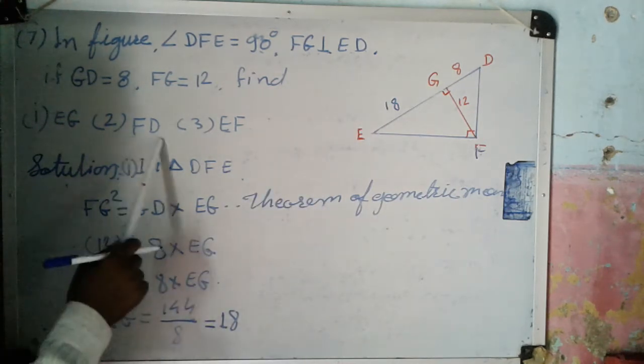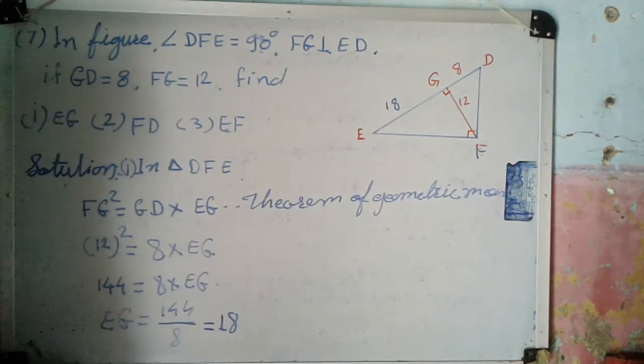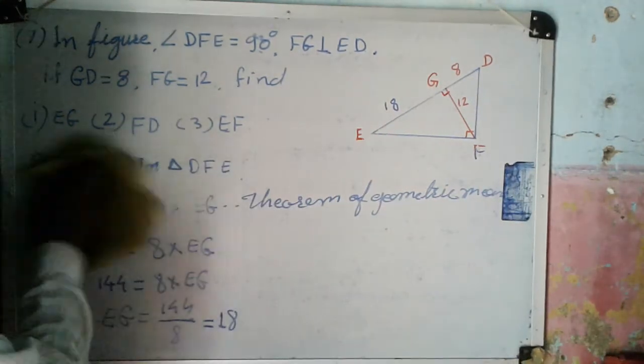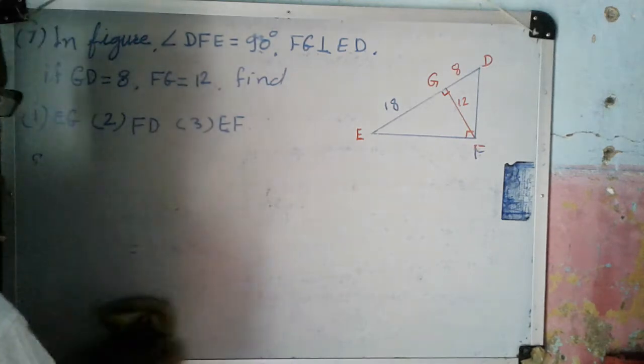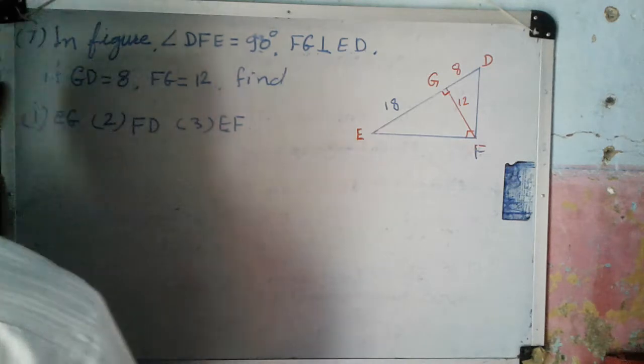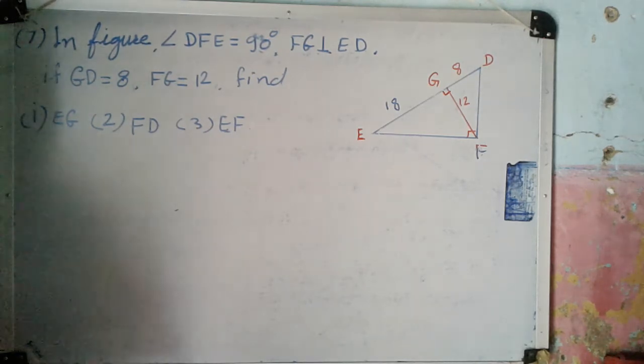Now we have to find FD. For that we will use the similarity of right angle triangles. Now see here, consider these two triangles.